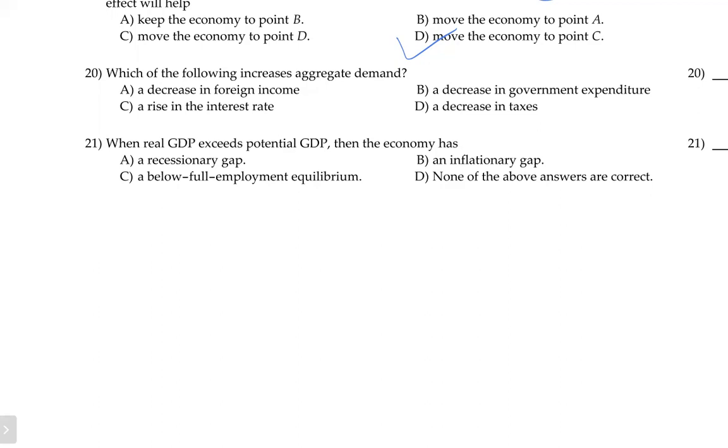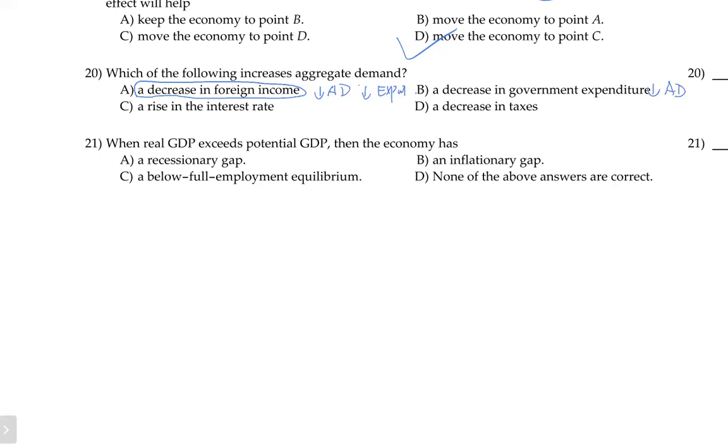Sorry, let me start again. So a decrease in foreign income may decrease aggregate demand through a decrease in export. And a decrease in government expenditure will decrease aggregate demand.